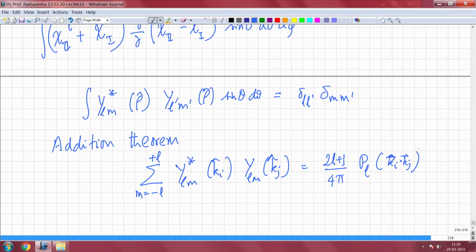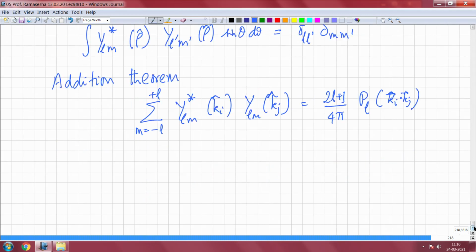Only the angular part of this one. If we use these two, and we also use that the surface integral is integrating over sin theta d theta, I have taken out d phi because that is going to give me a factor of 2.